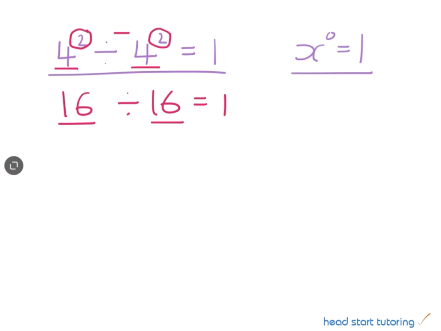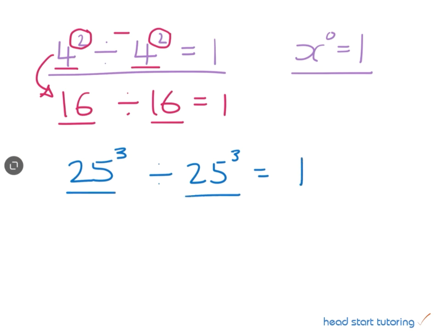4 to the power of 2 and 4 to the power of 2, as you can see, are the same number, so dividing them by themselves, you will always get an answer of 1. If we have another look at an example of 25 to the power of 3 divided by 25 to the power of 3, that will also give us an answer of 1, because even though we don't need to work out what 25 to the power of 3 is, because our bases are the same, we are able to minus our powers.